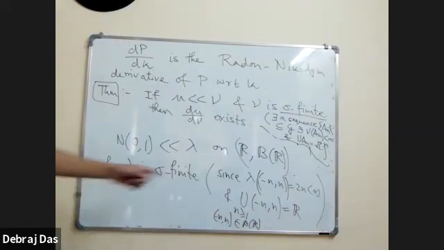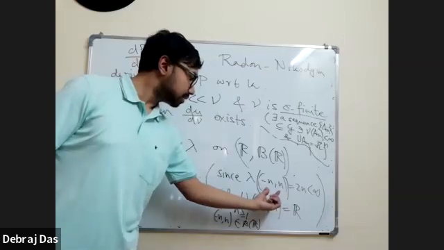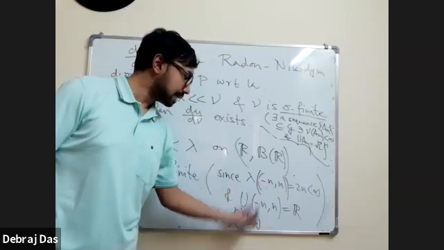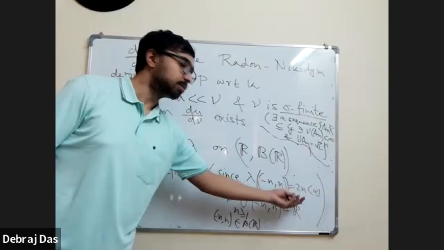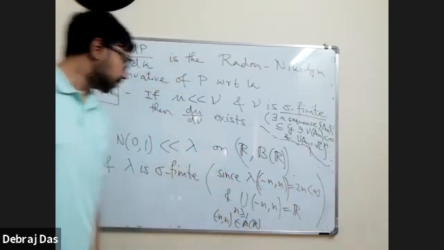That's why lambda is sigma finite: you can consider this type of Borel sets, and individually they have finite measure.